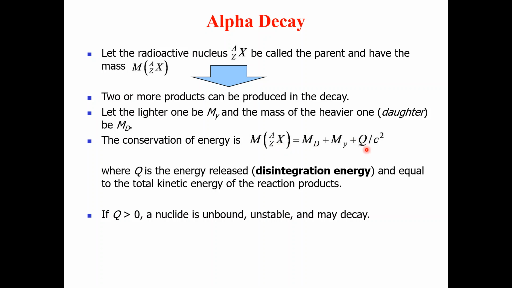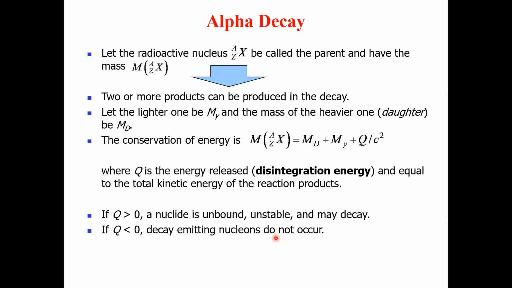The first condition is that if the Q value is greater than 0, the nuclide will be unbound, unstable, and may decay. But if the Q value, the disintegration energy, is smaller than 0, then decay emitting a nucleus does not occur.